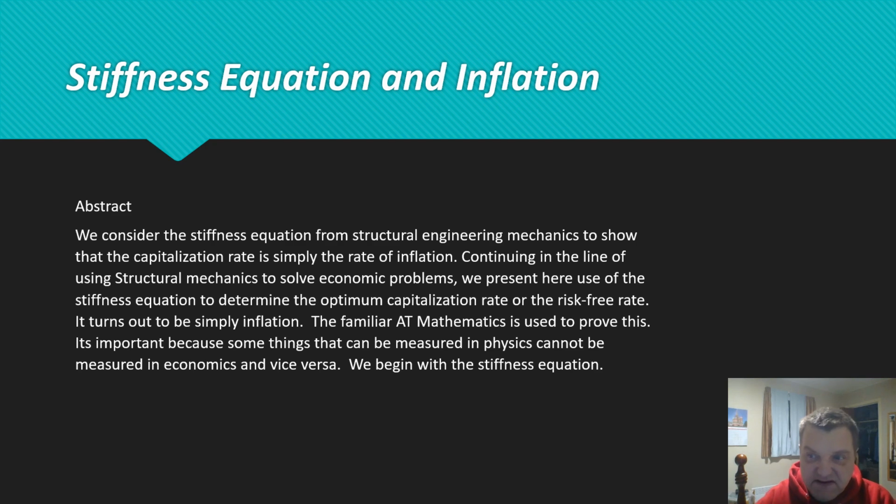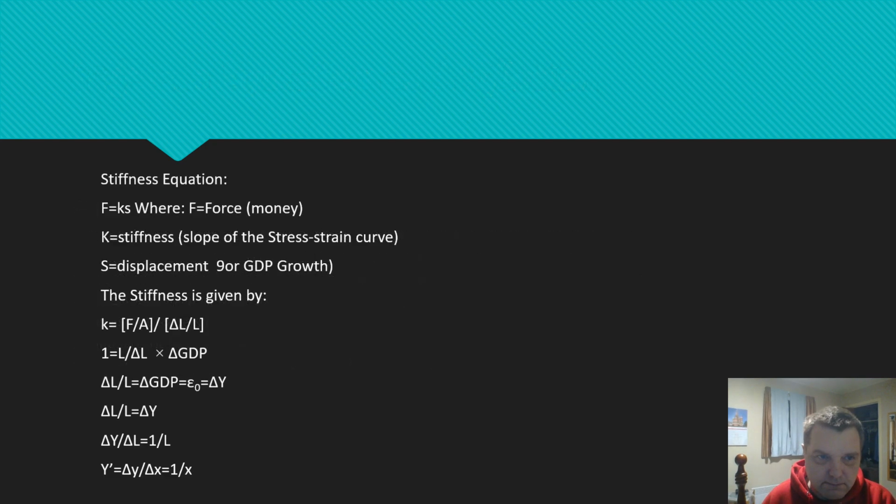We begin with the stiffness equation. The stiffness equation is F is equal to minus Ks, where F is force, which is money in economics. K is stiffness, the slope of the stress-strain curve. S is displacement, or GDP growth. The stiffness is given by K is equal to F over A divided by delta L over L. That's Hooke's law. 1 over L times delta L times delta GDP.